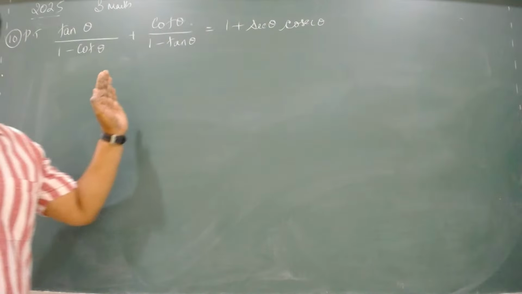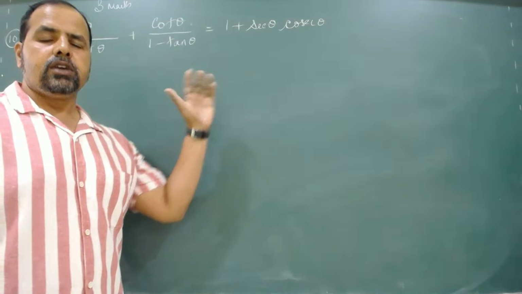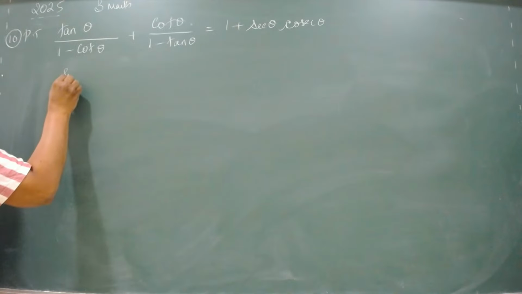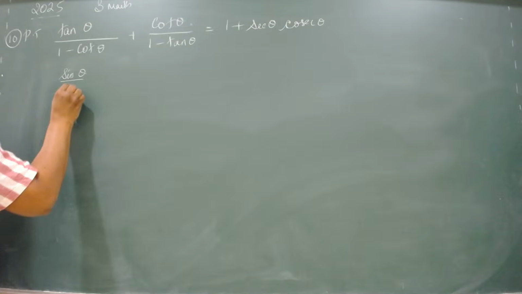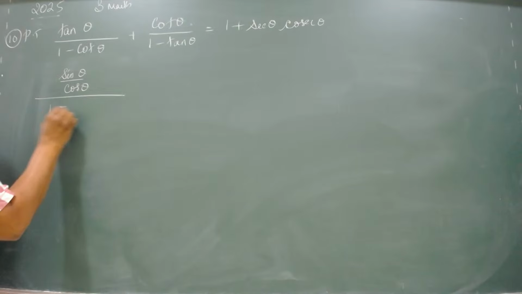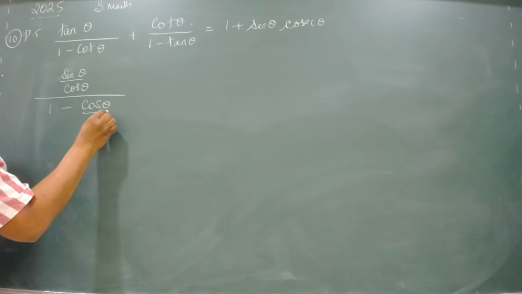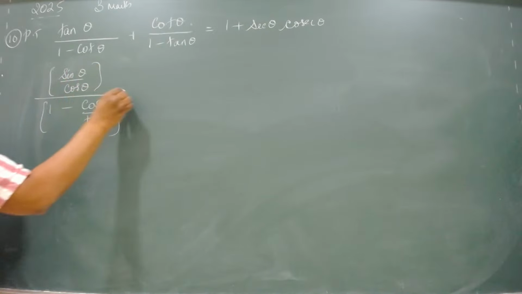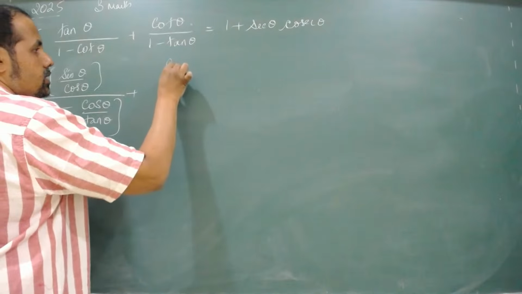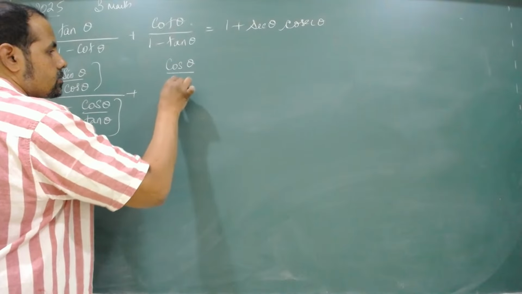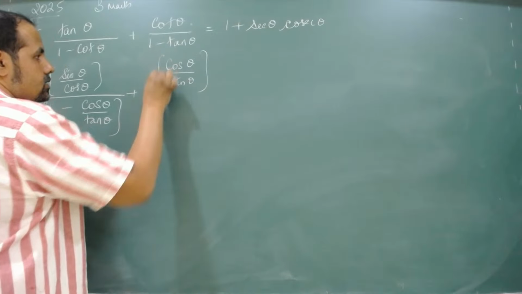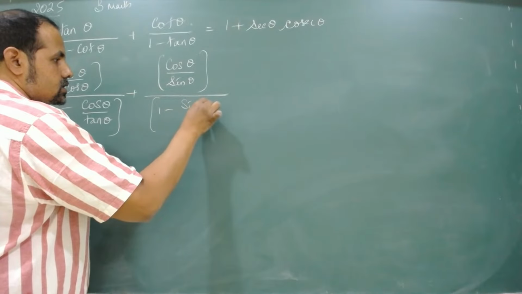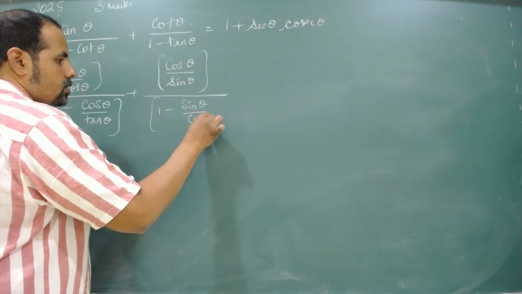Now, you have learned this problem already in your regular class. We're going to convert the entire left-hand side in terms of sine and cos. Tan can be written as sine theta by cos theta divided by 1 minus cos theta by sine theta, plus cot is nothing but cos theta by sine theta divided by 1 minus sine theta by cos theta.